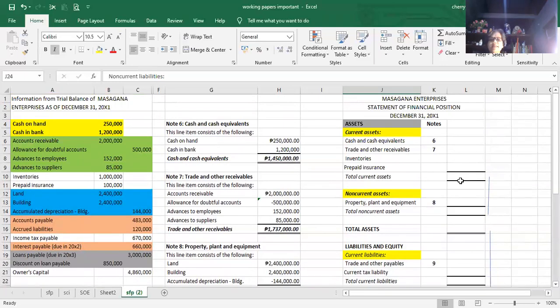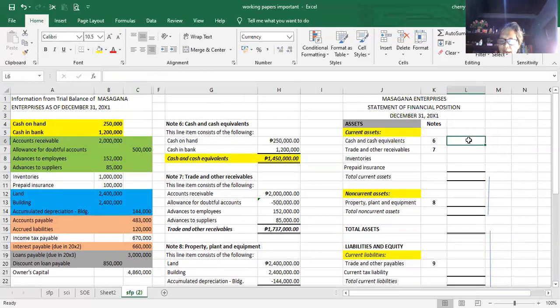Okay, so cash and cash equivalents. We need not write what is in the data because we summarize the cash and cash equivalents. No need to write cash on hand, no need to write cash in bank, just write cash and cash equivalents, which is in note 6. Did you see that? You're going to copy it as is.